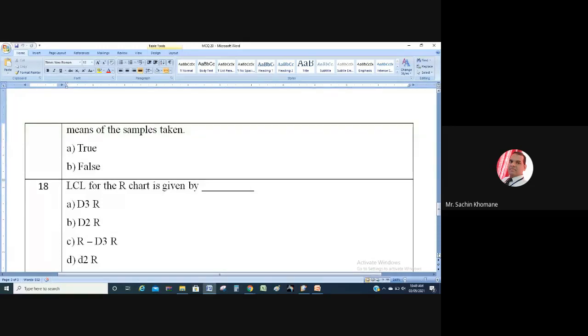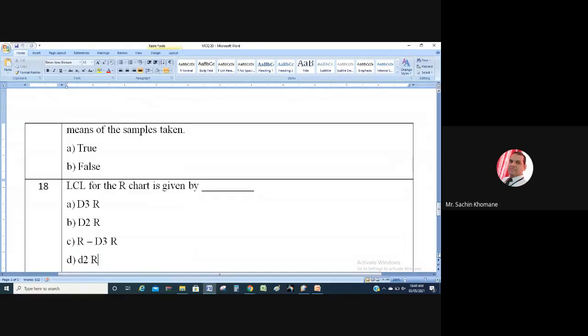Can somebody tell me the calculation, how we calculate LCL, lower control limit, for the R chart? We have done the calculation. How to calculate LCL? Anybody remember the formula?